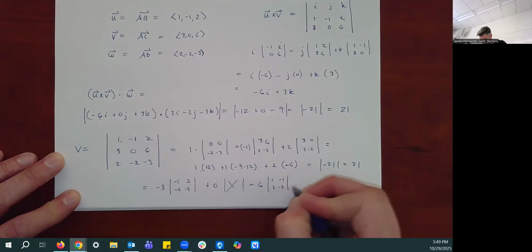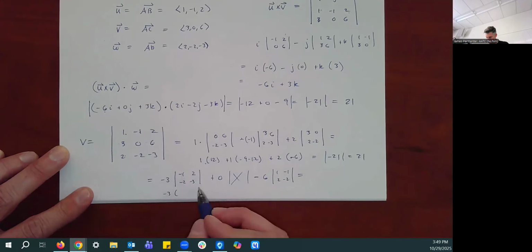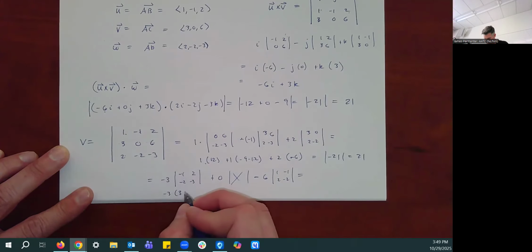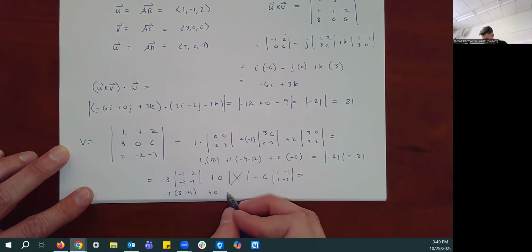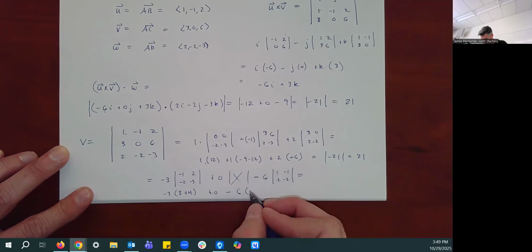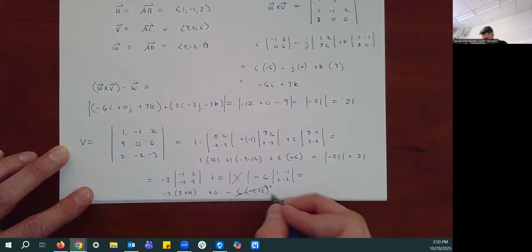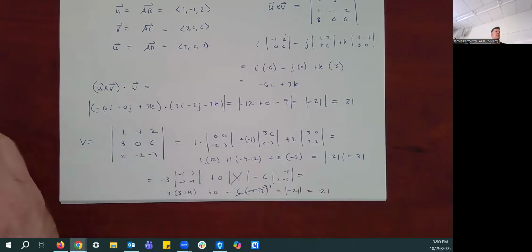If we do it that way, we end up getting negative 3 times 3 minus negative 4. And then we get plus 0, and I'm worried here, negative 6 times negative 2 minus negative 2. That's 0. That's negative 3 times 7, which is negative 21, the same result. And then we take the absolute value and get 21.